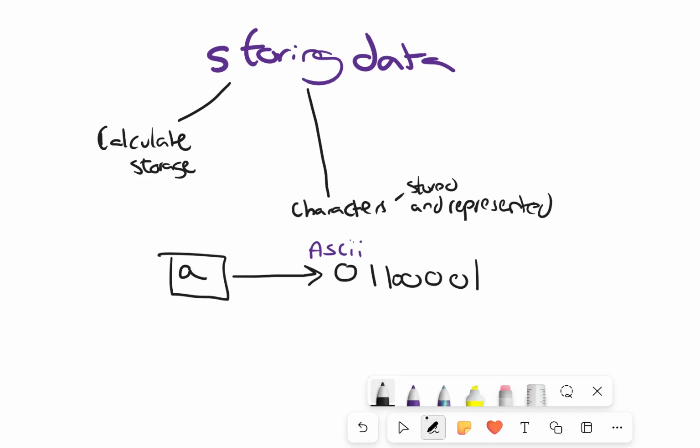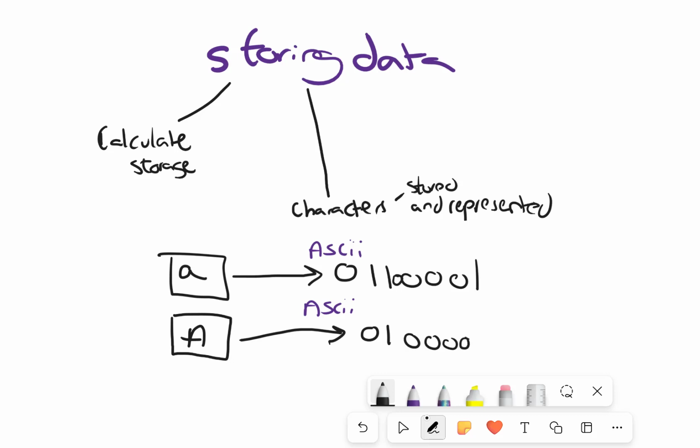So let's say we decide to type in a capital A. That also gets turned into, you got it, an ASCII value, but it's going to be different. It's not going to be the same. It's going to be 01000001. So we've got a 1, 5 zeros, and a 1. So this would be capital A. This would be lowercase a.